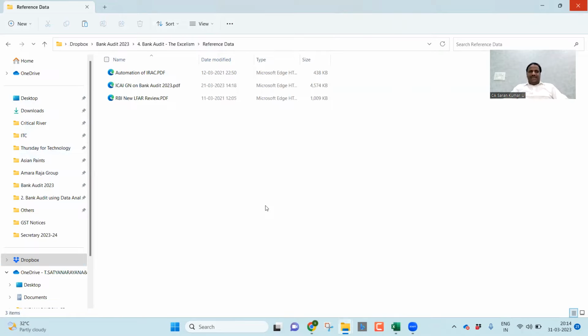I may talk in between about the Bible for the bank audit, especially for all of us: the ICAI Guidance Note on Bank Audit 2023. These are all very much required along with your master circulars and annexures, which ICAI has referred to in the guidance note.